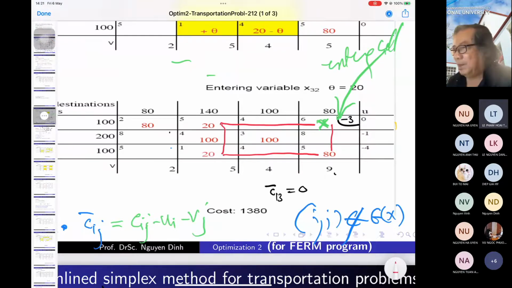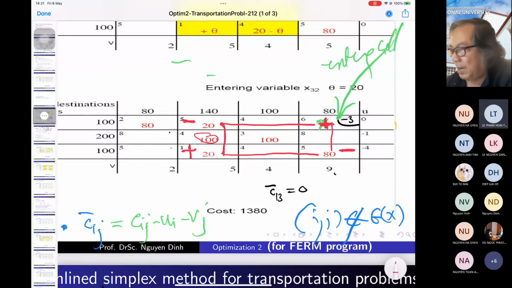Is that okay? And then this one is entering. We mark it with the plus sign. Here is minus, here is plus, and here is minus. Remember, we don't care about the cell 2 2. Forget it. We go from this one to this one.